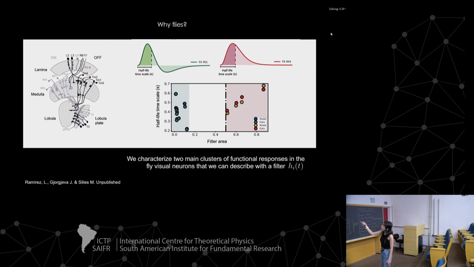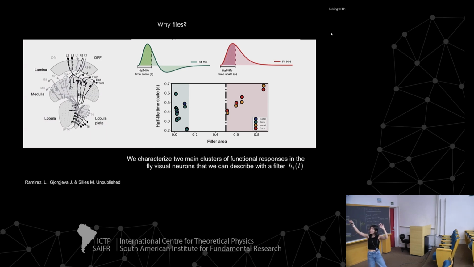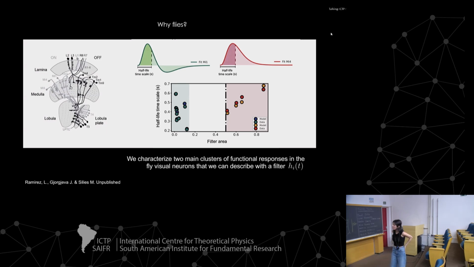The different colors, for instance red and yellow, are differences between the data and the fitting function that we are using. We want to describe this mathematically, right? So we use a mathematical function and we fit the data. And then we are able to describe well the neurons in the fly.